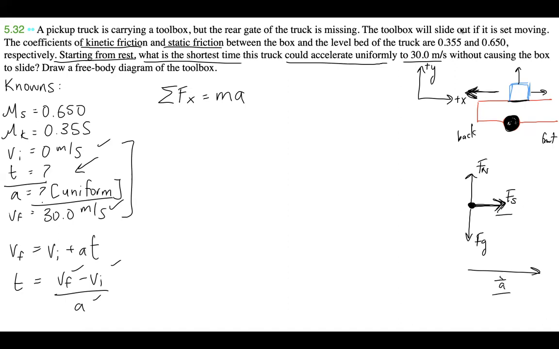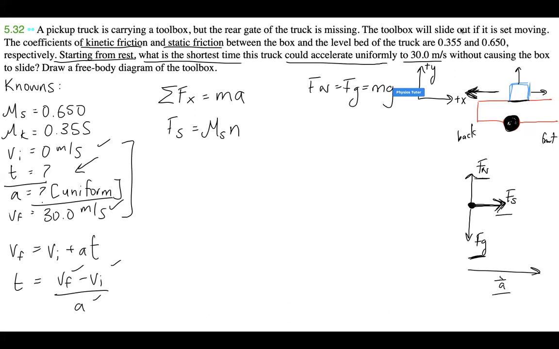Okay. Well, in the same direction, we've also established that there's this force of static friction. So the force of static friction is equal to mu s times the normal force. And in this case, the normal force and the force of gravity are equal to each other, right? So Fn is equal to Fg, and Fg is equal to mg.